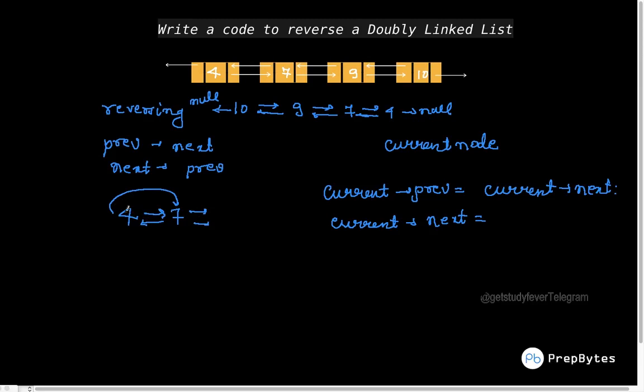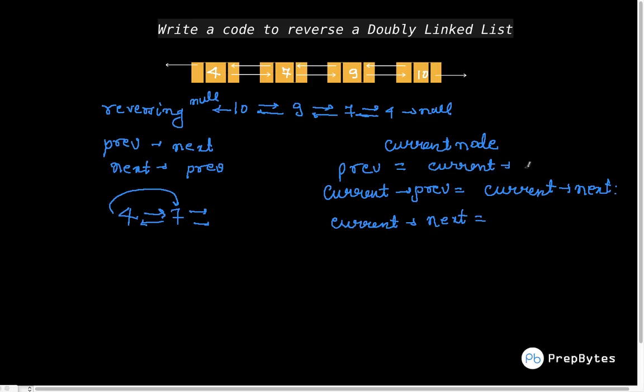So the prev of 4 is also pointing to 7. It's not pointing to the original prev. So before we do this we have to store the prev somewhere. So let's say I have another variable prev in which I'll store the original prev of current, before I do things.